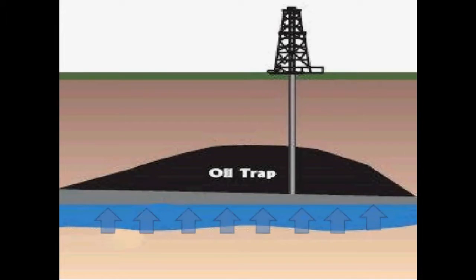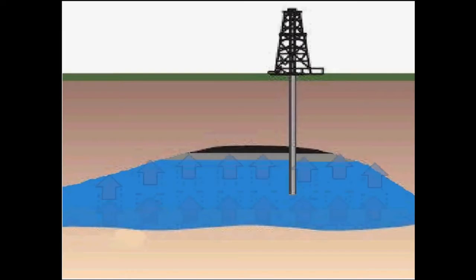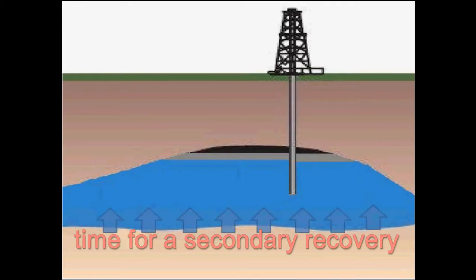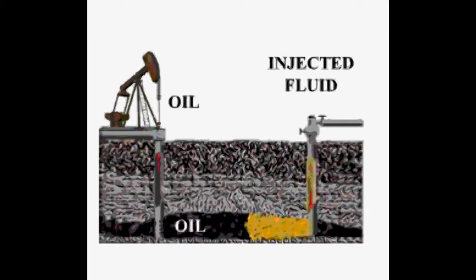As you can see in both oil and gas reservoirs, production in its initial stages utilizes the energy naturally found in the reservoir. When this energy is depleted, secondary recovery efforts are initiated. There are several.